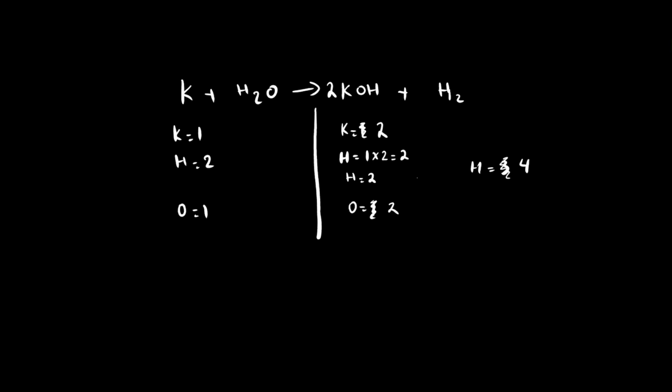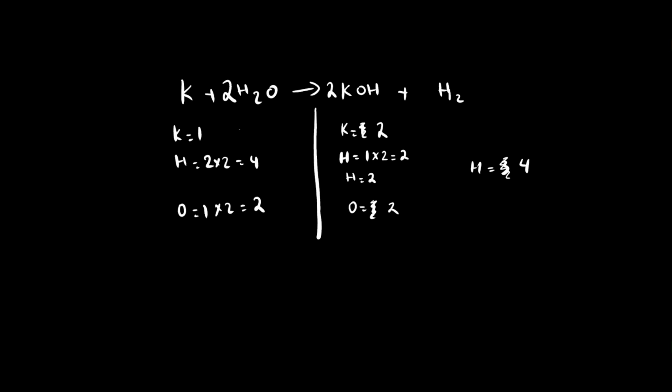The least common multiple of 2 and 4 is 4. So we need to multiply this hydrogen by 2 by introducing a coefficient of 2 in front of the water. So now we have 4 hydrogen and 2 oxygen on the left.